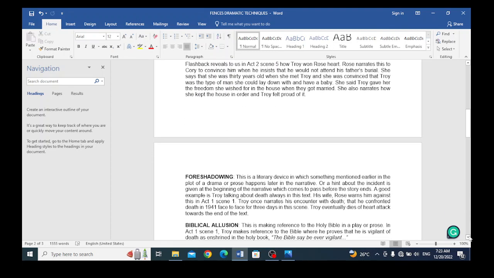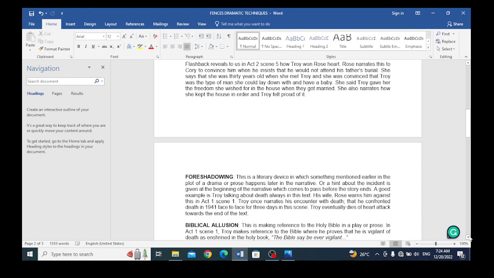We also have foreshadowing. This is a literary device in which something mentioned earlier in the plot of a drama or prose happens later in the narrative, or a hint about the incident is given at the beginning of the narrative, which comes to pass before the story ends. A good example is Troy talking about death always in the text.